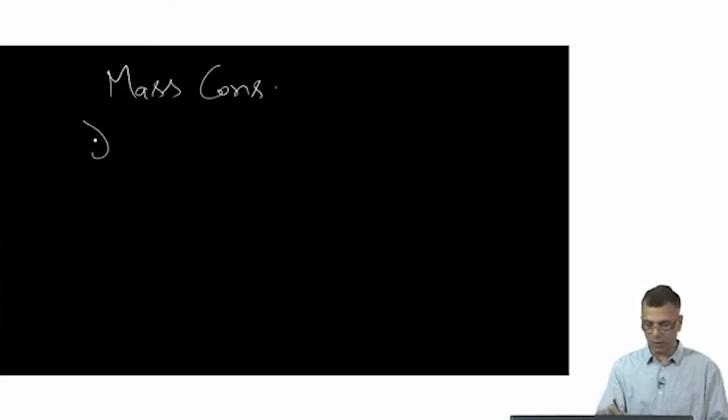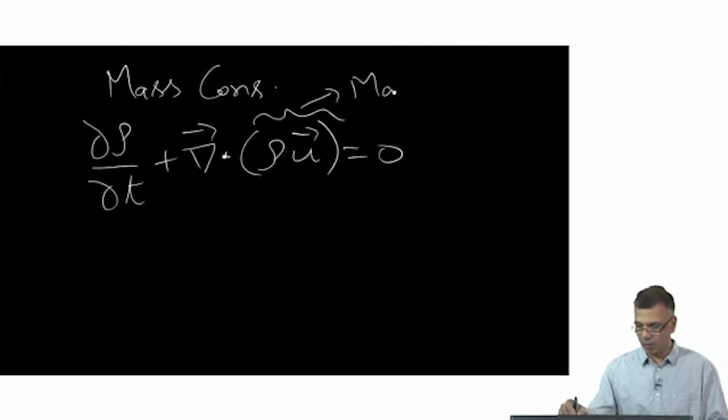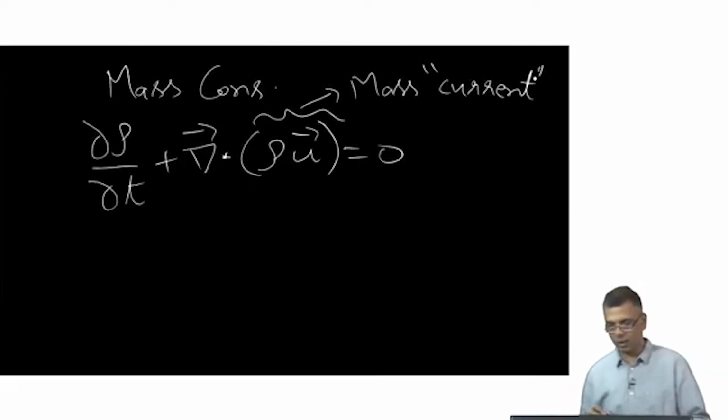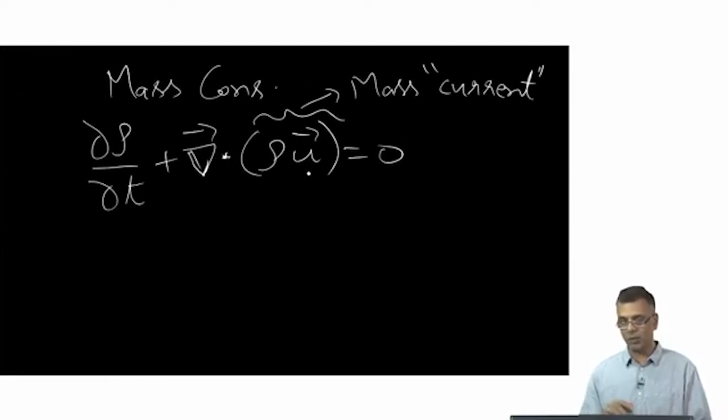So very briefly, when we talk about mass conservation, this quantity would be something like the mass current, if you prefer thinking in terms of drawing an analogy with electrostatics, where rho would be the charge density and the quantity rho u would be the j.